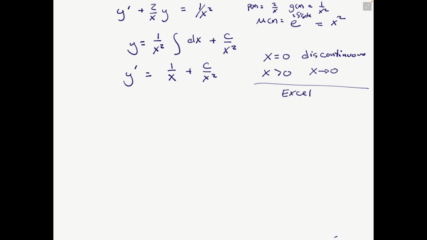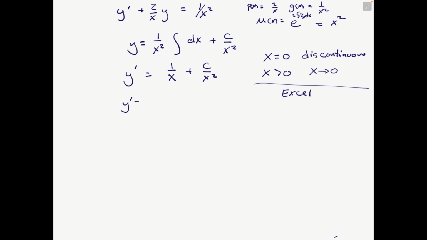So that solution, the limit of y goes to infinity as x goes to 0. Just make sure that when we go to Excel, I have the right thing. Let's look at the next problem.